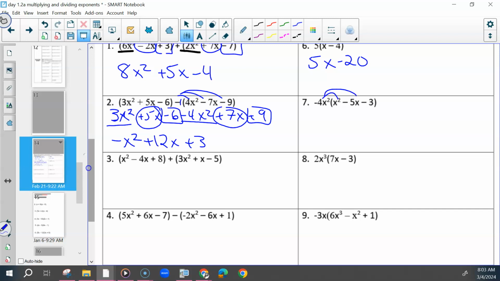So when we distribute this negative 4x to everything, negative 4x squared times x squared would be what? Negative 4x to what power? 4th. Negative 4x squared times negative 5x? Positive 20. X to what power? Remember this has an exponent of 1.